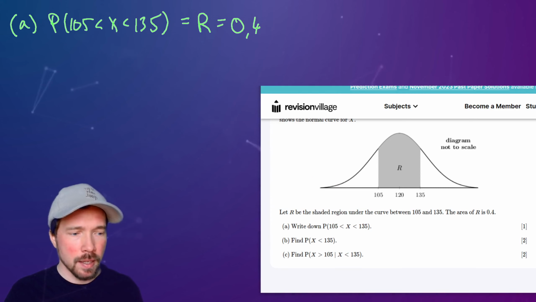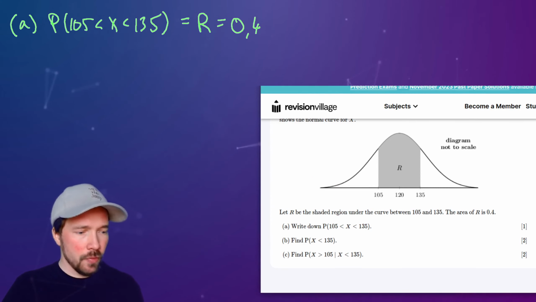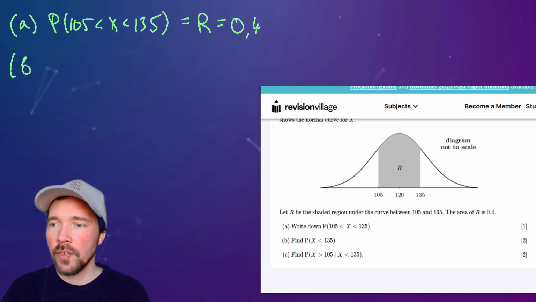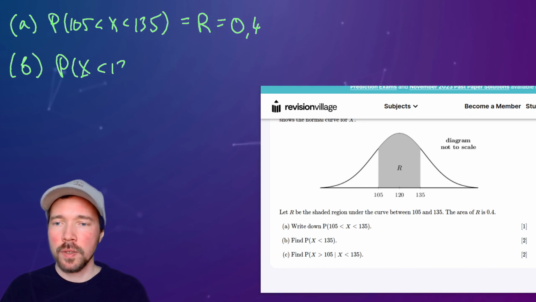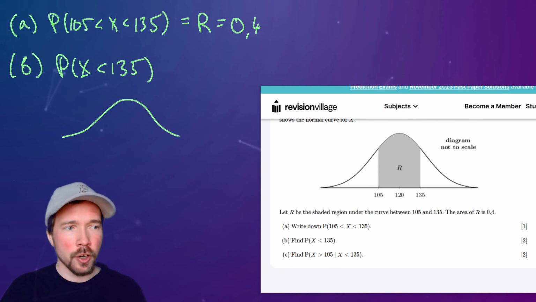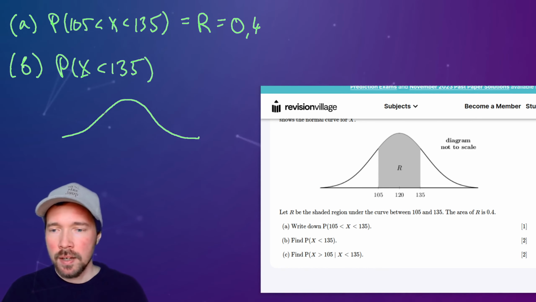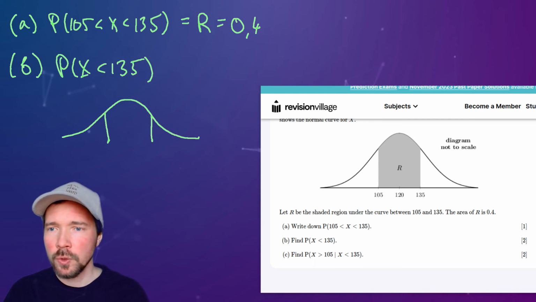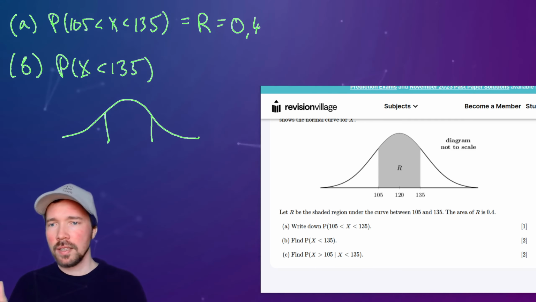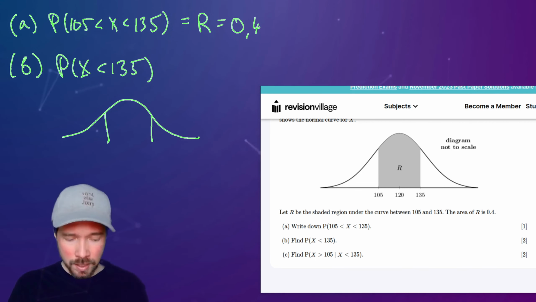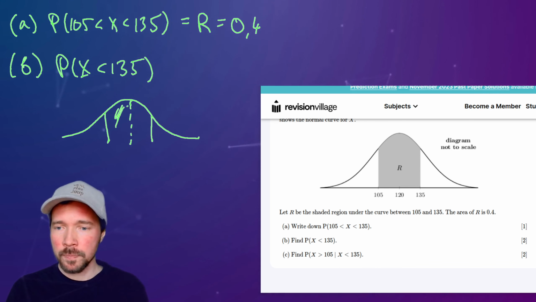Next. Find the probability that x is less than 135. Okay, so now we have our curve. Let me replicate it just like this. We have our area, which is symmetrical around the mean, right? Because from 120 to 105 is 15, and from 120 to 135 is also 15, which means that R is exactly in the middle.